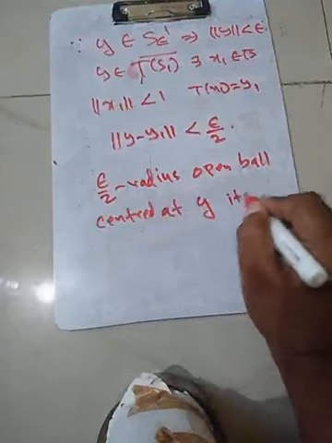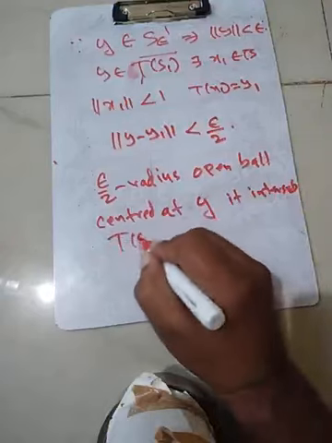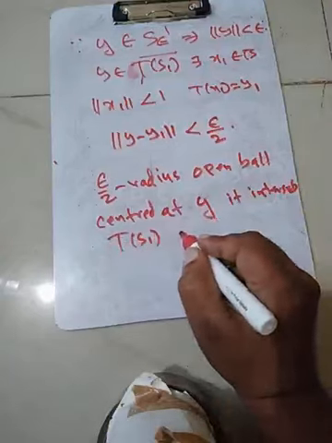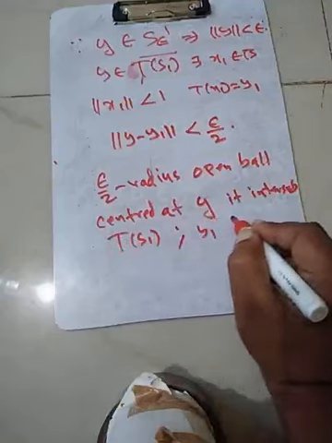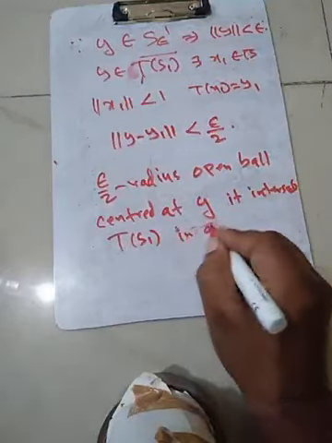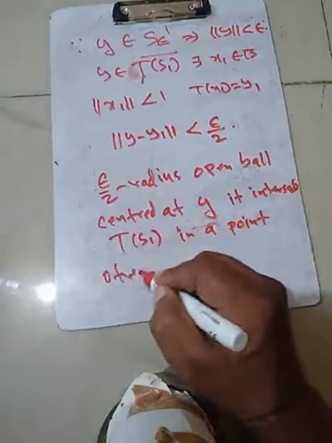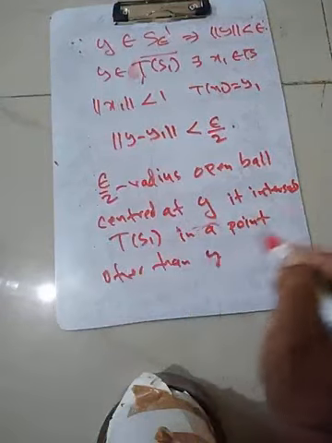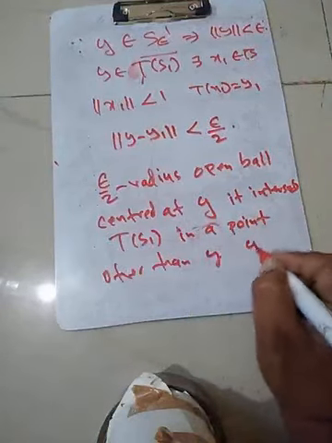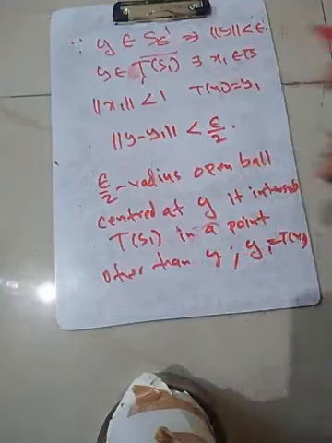So it intersects T(S_1) in a point other than y. Such a point we are calling y1, and y1 would be T x1, which is above.